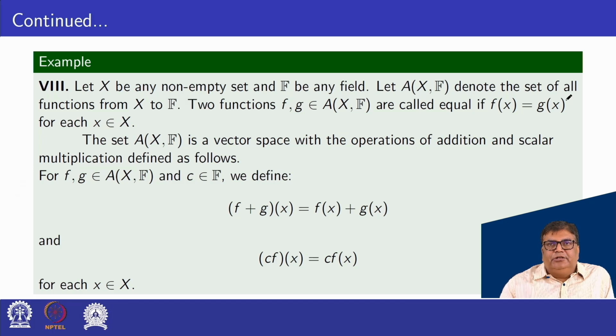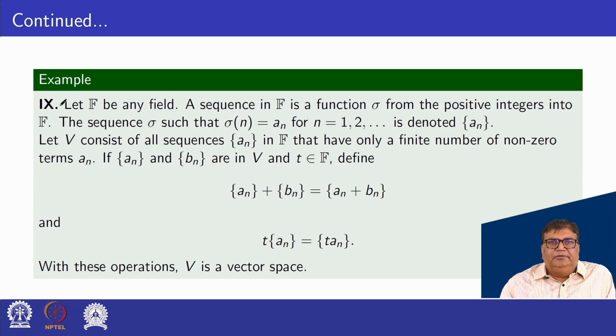Let A(X, F) denote the set of all functions from X to F. Two functions f, g belonging to A(X, F) are called equal if fx is equal to gx for x belonging to X. Then A(X, F) is a vector space with the operations of addition and scalar multiplication defined as follows: (f plus g)x is equal to fx plus gx and (cf)x is equal to c into fx for x belonging to X, where c is an element of F. All conditions of a vector space are satisfied.